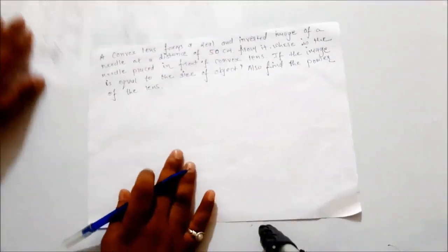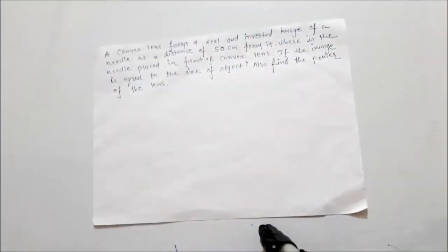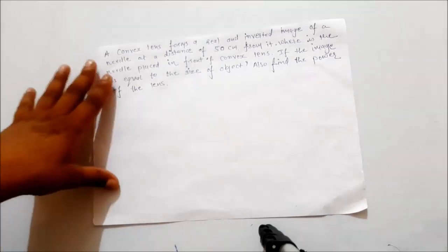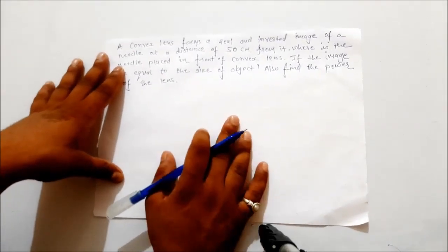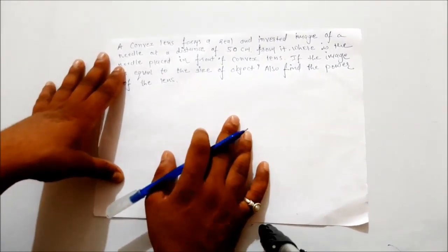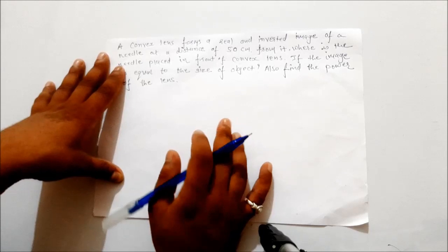Now let's see another example, right? This will be the last example which we are going to discuss for this chapter. The rest of the examples will be provided to you in the assignment, so you are going to solve those sums on your own.